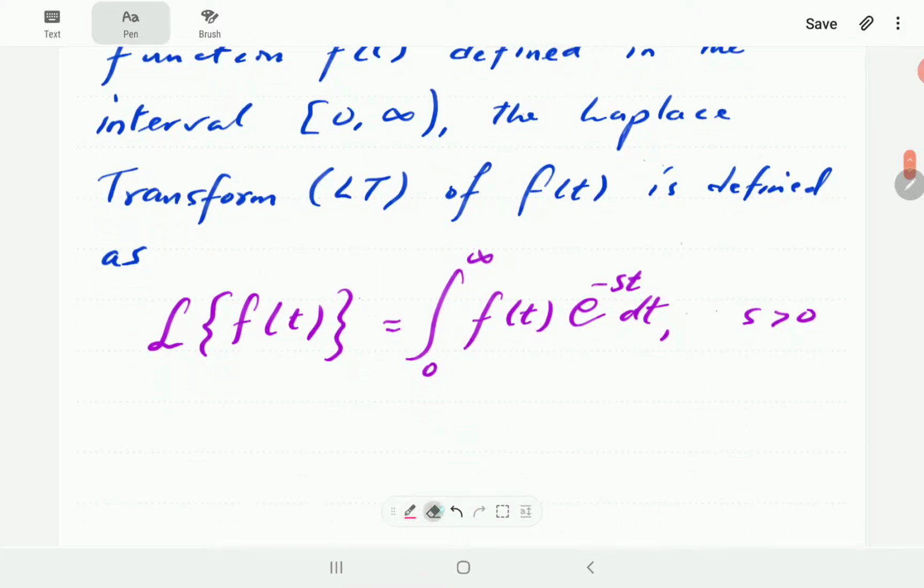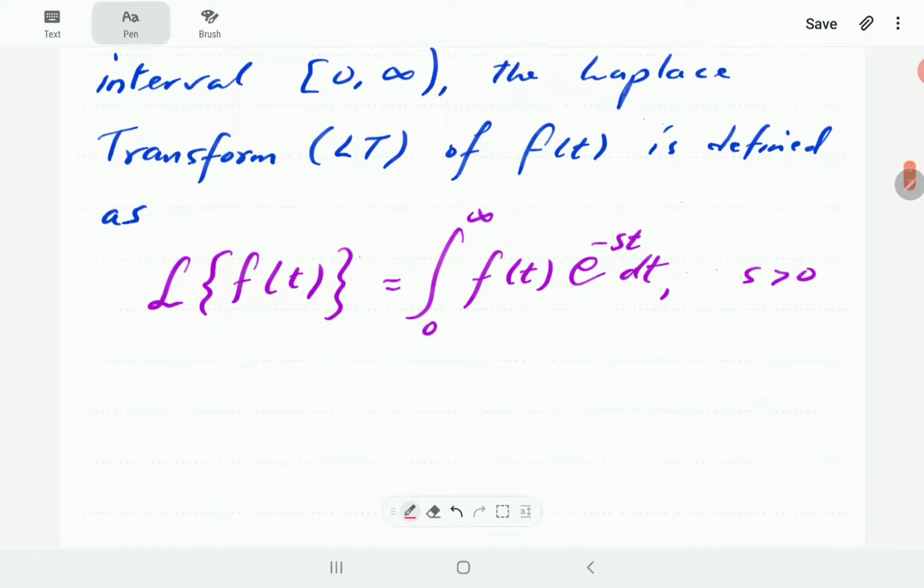Because it's defined in terms of an integral, it's called an integral transform. Notice that when we integrate this and plug in the limits, the parameter s is going to be the only variable thing that remains.